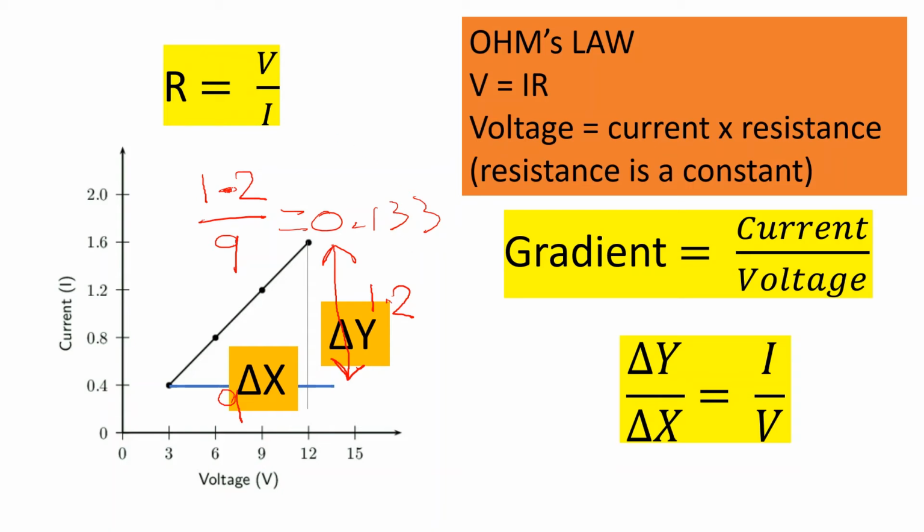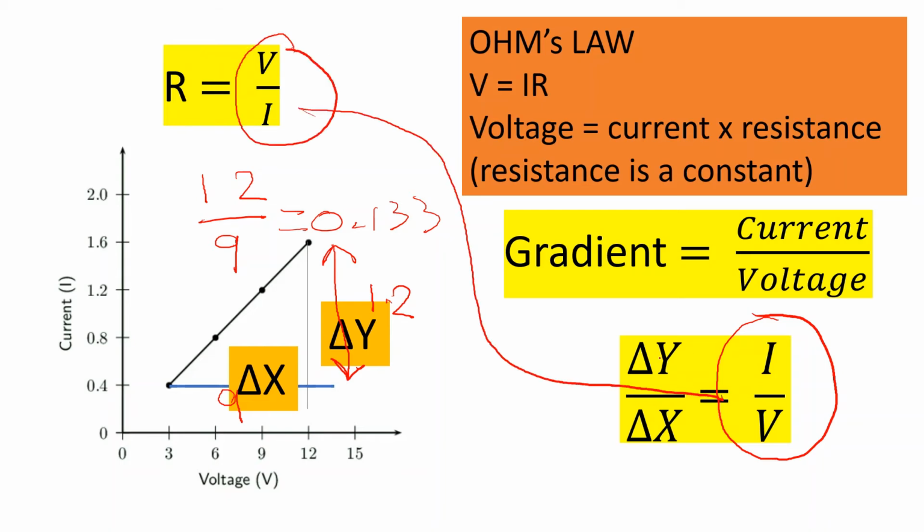However, because here it says it's I over V, we need V over I to get R. So the gradient is I over V, but we need V over I. So we need to flip the fraction upside down.